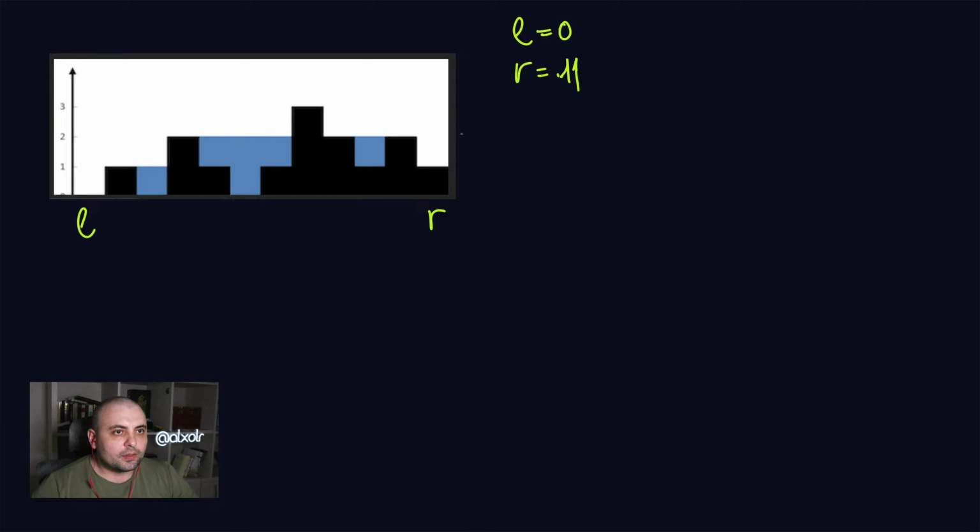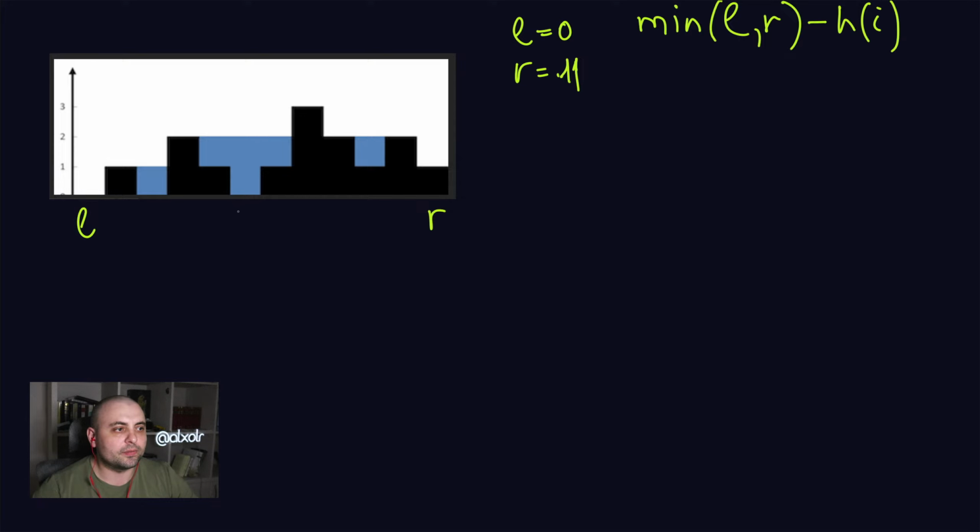Okay. Now we kind of computed our formula, if I recall. We need to check the minimum between left and right, and we need to reduce the height of the current index which we are in.